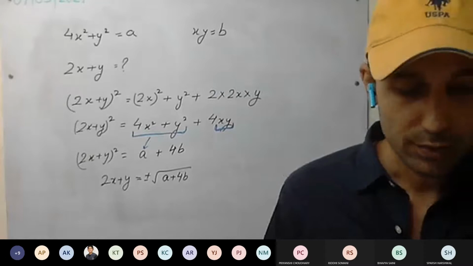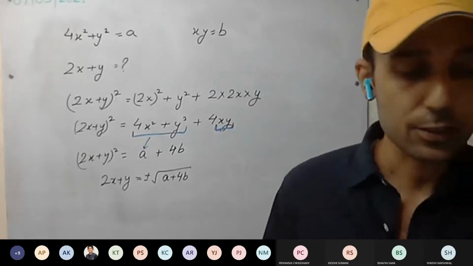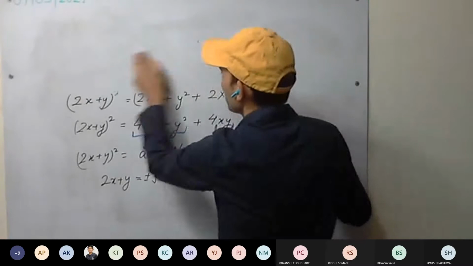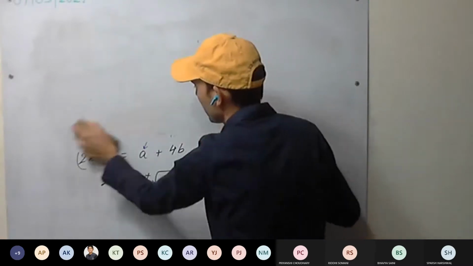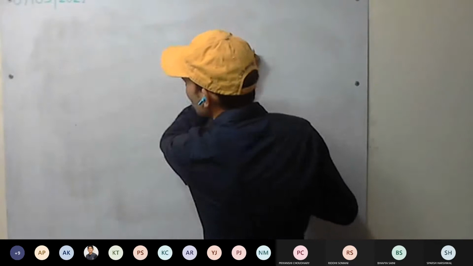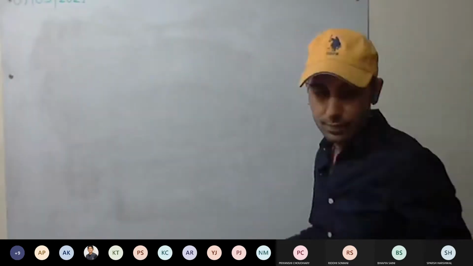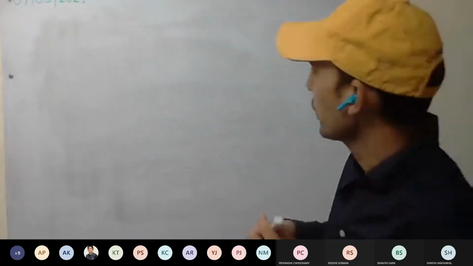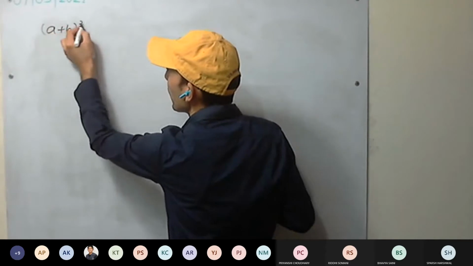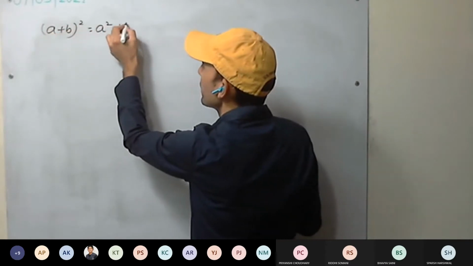So now we are starting the next exercise, that is expansions of (x ± a). This you don't have to remember. There are many identities we don't require to remember. So till now, what you have to remember? (a + b) whole square, this we already remember.